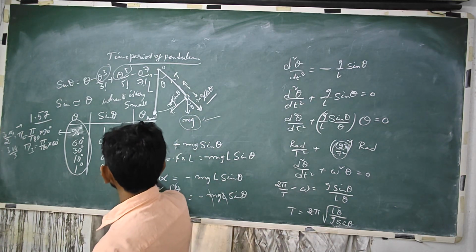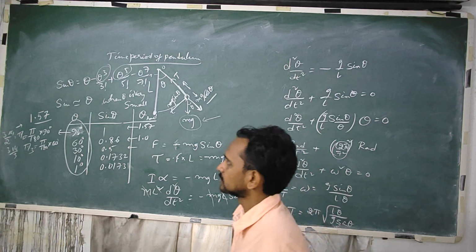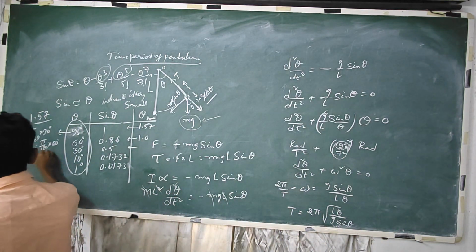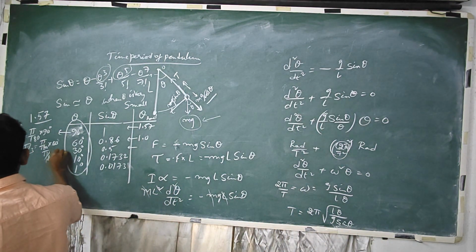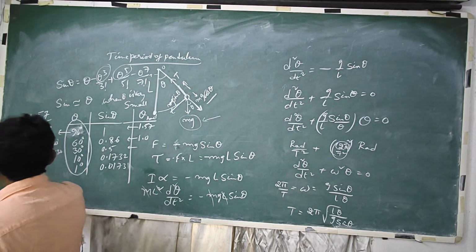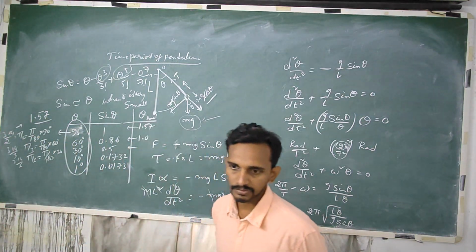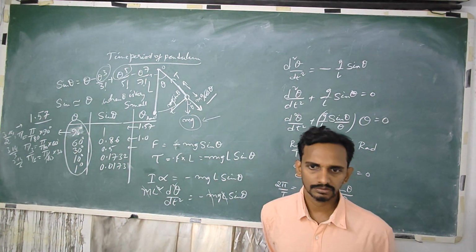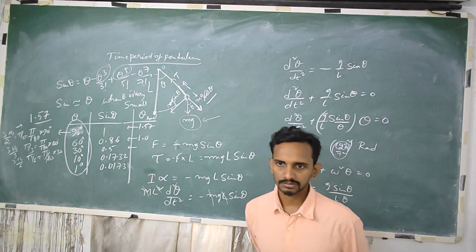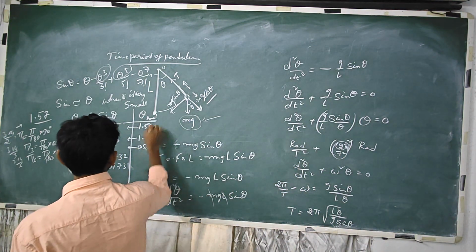So what about 30 degrees? Pi by 180 into 30. This is pi by 6, so 3.14 by 6, which is 0.523.